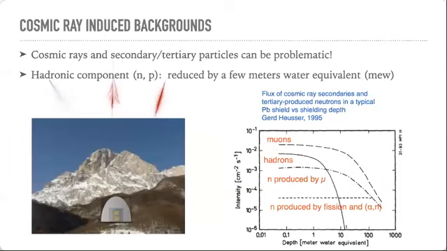So, moving on to more backgrounds. Cosmic rays. I like starting with cosmic ray backgrounds as the first to explain because they're the easiest to get rid of, in the sense that all you do is put your detector underground. The deeper you put it underground, the better you protect yourself from cosmic rays.